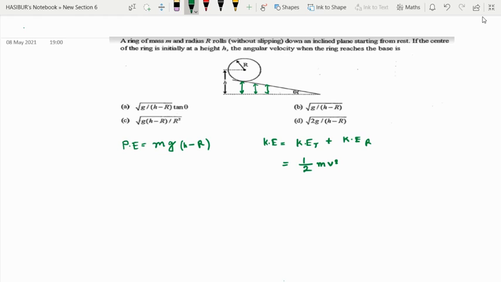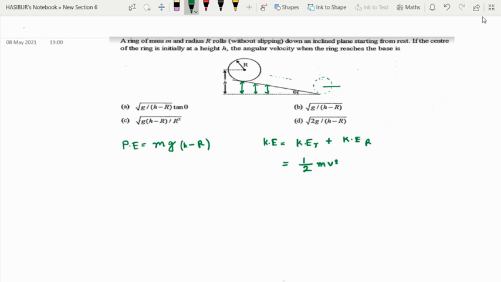So the ring keeps rolling, its potential energy decreases and kinetic energy increases. At the base, it will have the maximum kinetic energy, and there will be no potential energy.